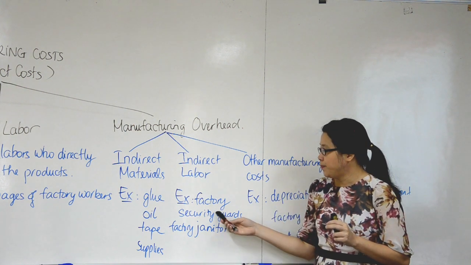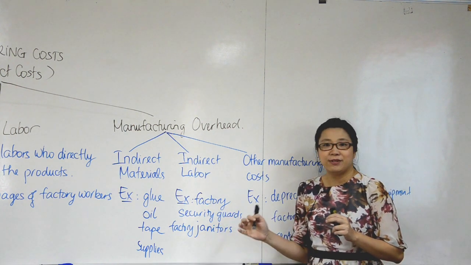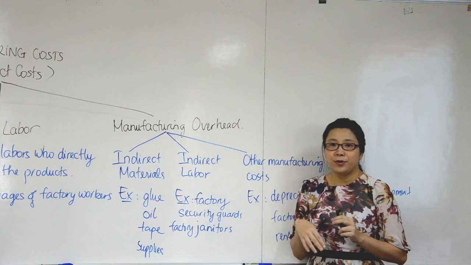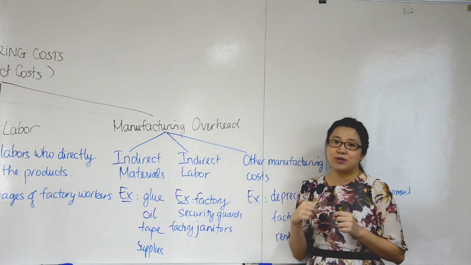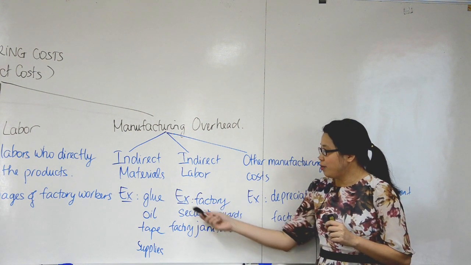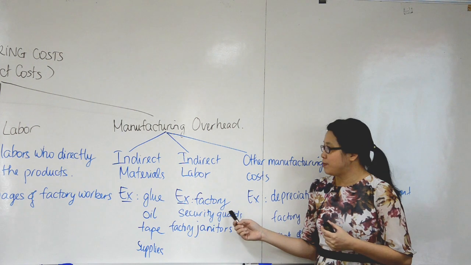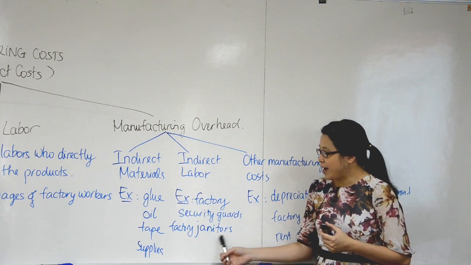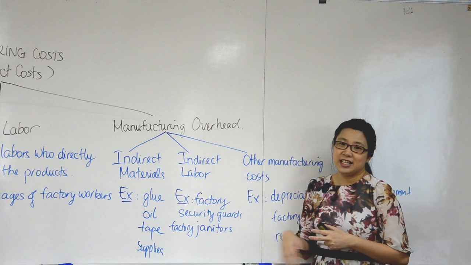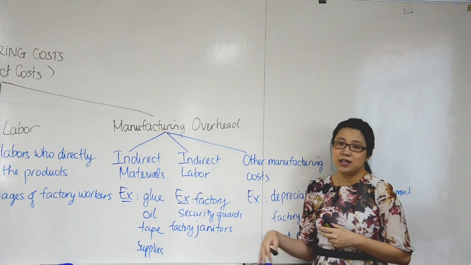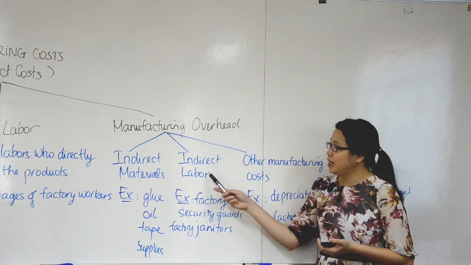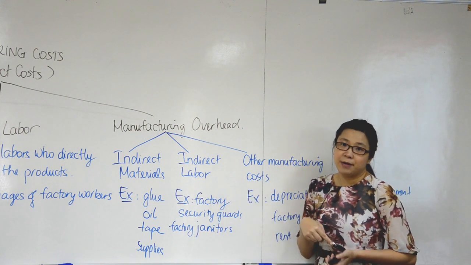For example, we have the factory security guards, those people who make sure that the factory is safe. They are not the ones who directly produce the products. Or the factory janitors, those cleaning ladies who clean the factories. The wages that we pay to them will be under indirect labor.